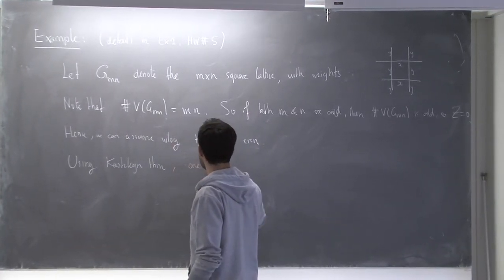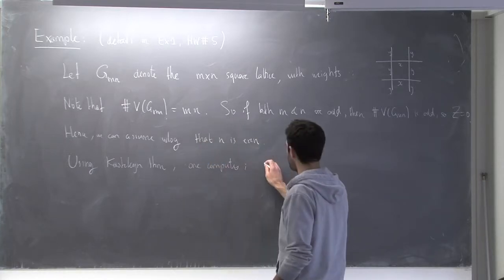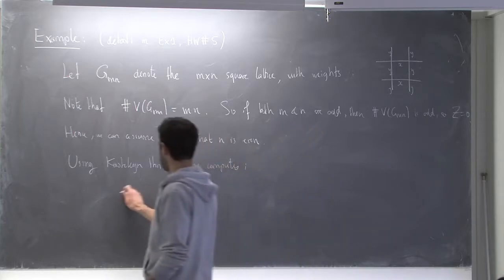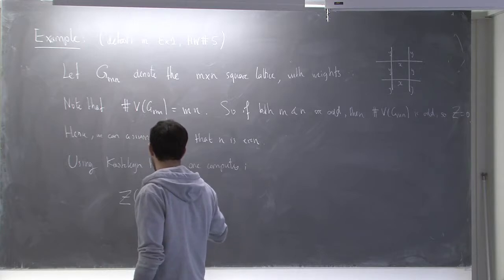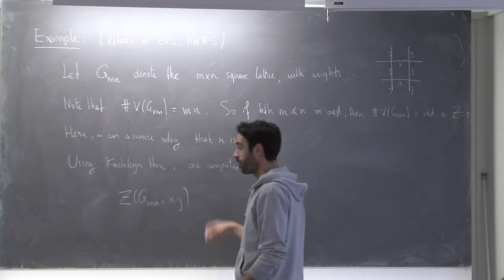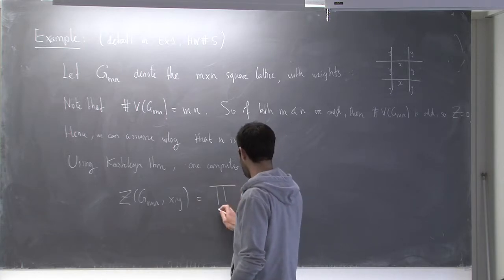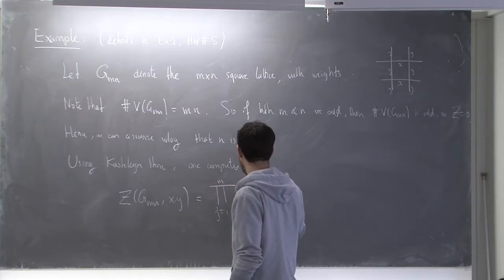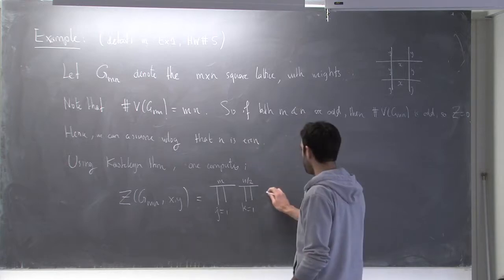One computes. So here's the formula. I'm going to write it here. It depends on two variables, x, y. So it is the product, two.